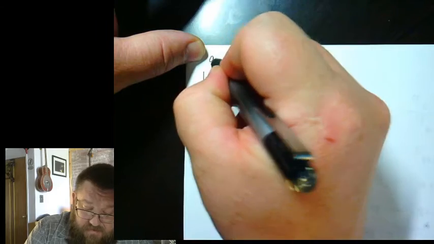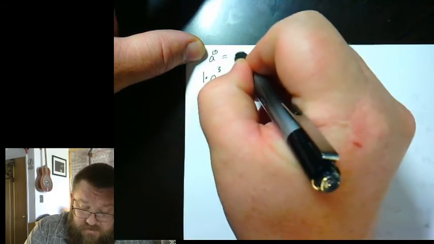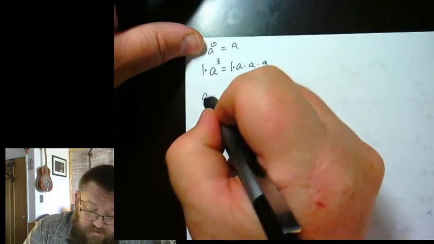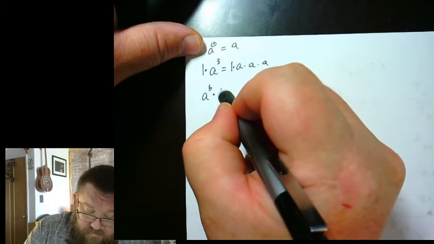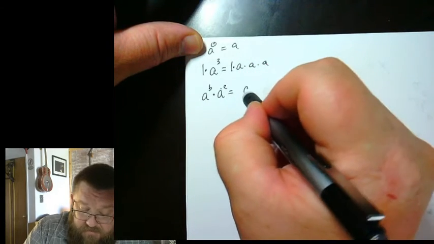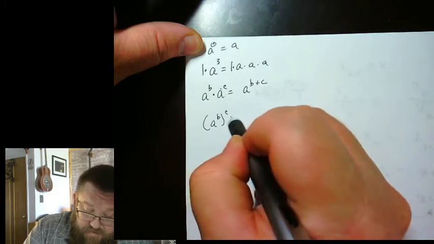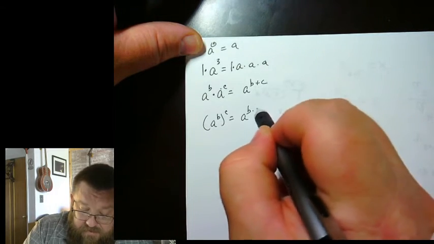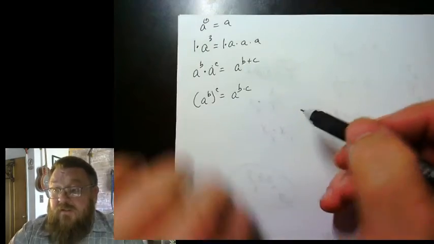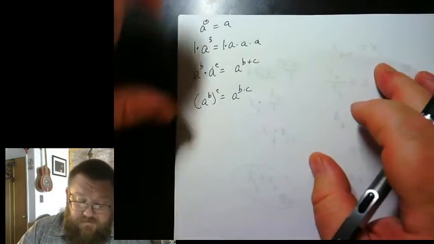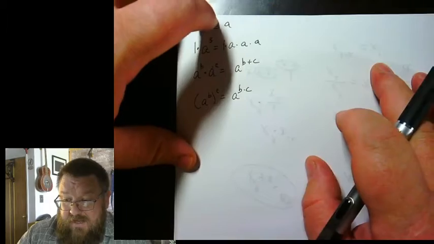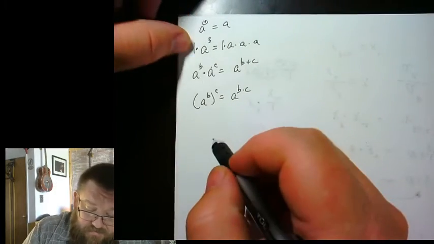If you have no number there, there's really a 1, and it's just a. We also see that if you had this, bases are the same and you're multiplying, you can add those exponents. We also have this, that if you raise a power to a power, you multiply those exponents. Those are the shortcuts. Now, hopefully you understand where all of these come from and why they are that way. If not, you might need to go back and refresh your memory.